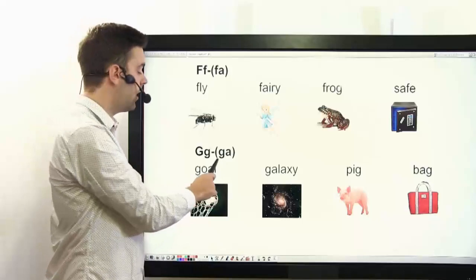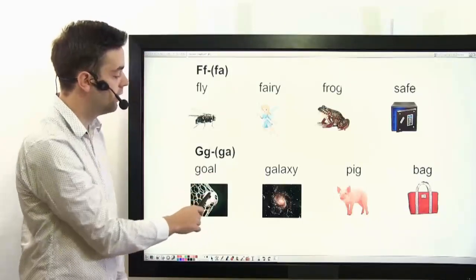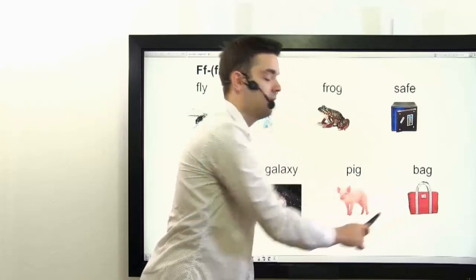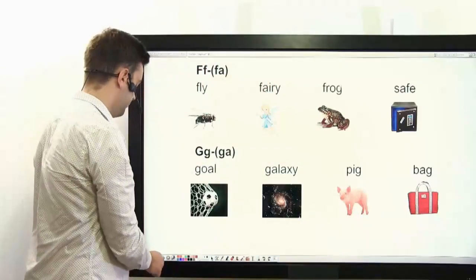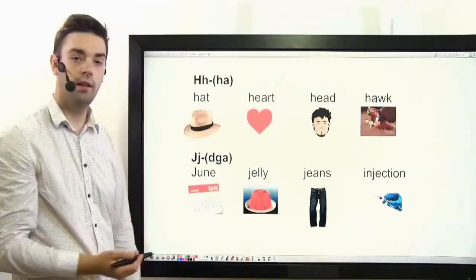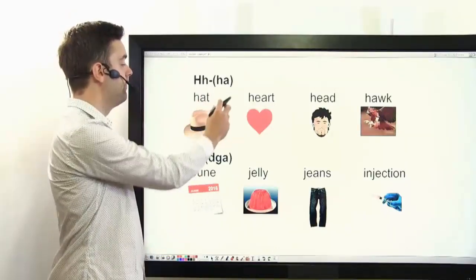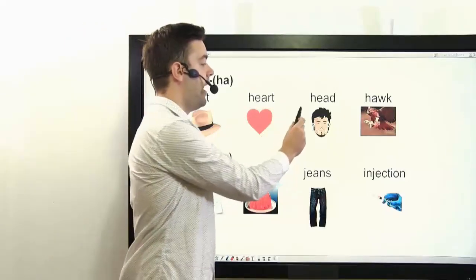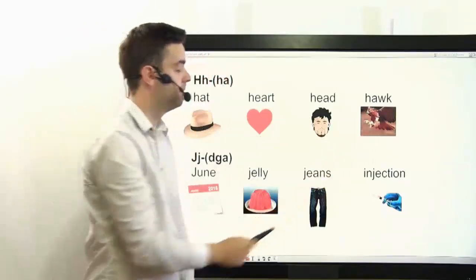G, goal, galaxy, pig, bag. H, hat, heart, head, hawk.